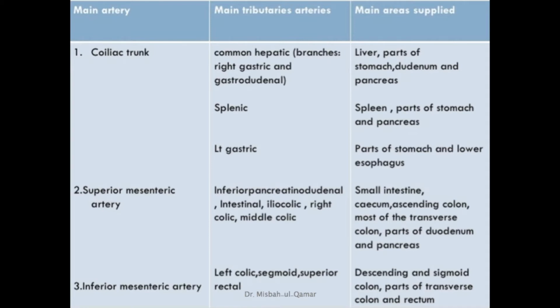Here you can see the distribution of blood flow to the stomach, which is around 35 milliliters per 100 gram per minute. To the intestine, it is 50 milliliters, and for pancreas, 80 milliliters per minute.